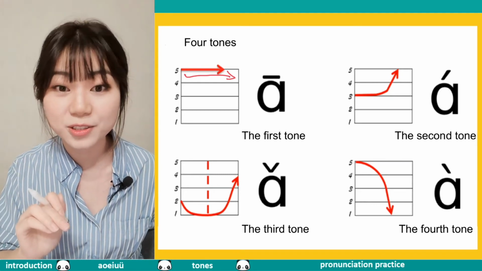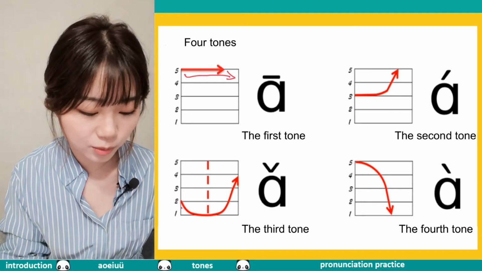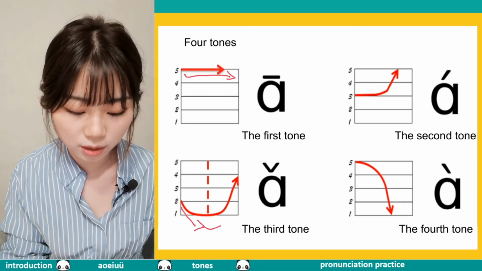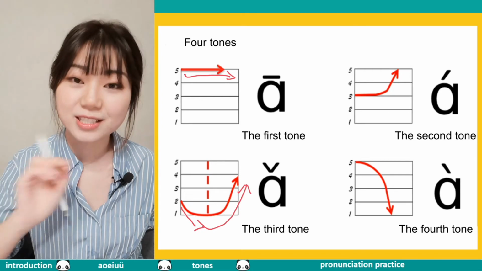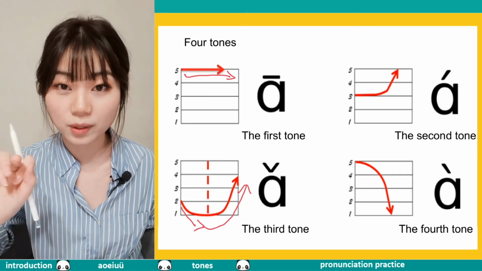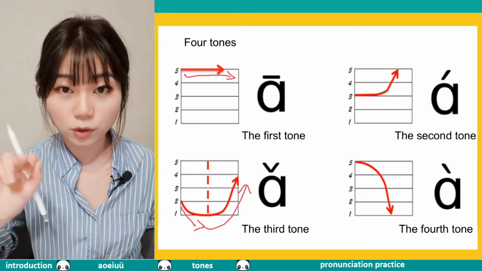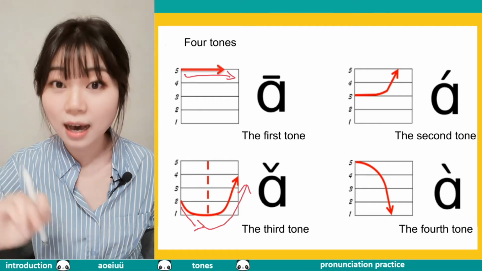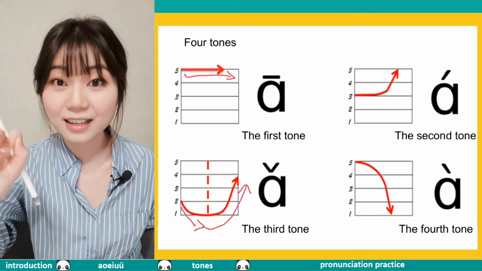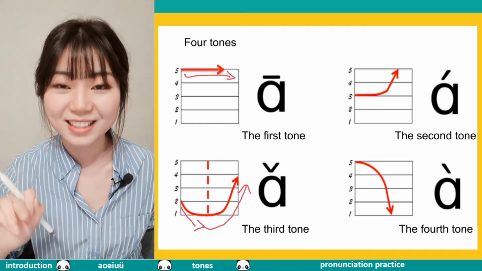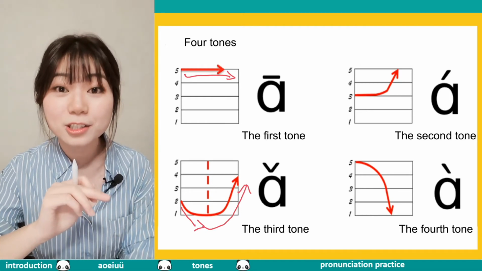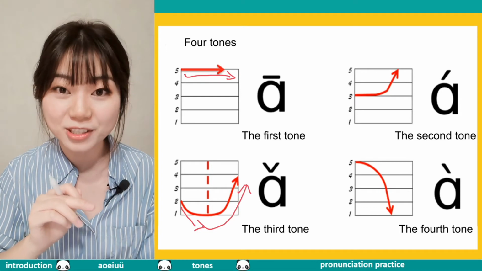And next, the third tone. You can see that it goes from 2 to 1 and then rises to 4. So your chart here is 2 to 1 to 4. There is a curve here, so it may not be easy to pronounce.